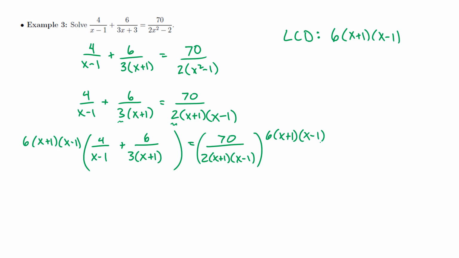All right, and like on my other problems, I need to do some distributing through here. So I have 6 times 4 is 24, x plus 1, x minus 1, over x minus 1. And then 6 times 6 is 36, x plus 1, x minus 1.